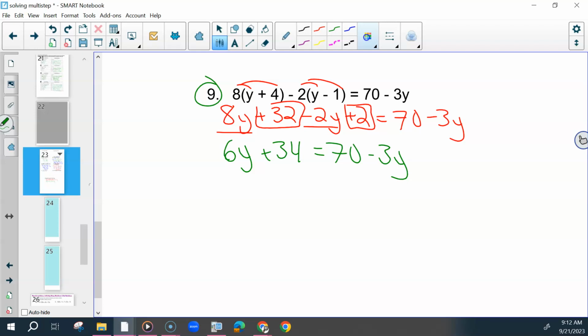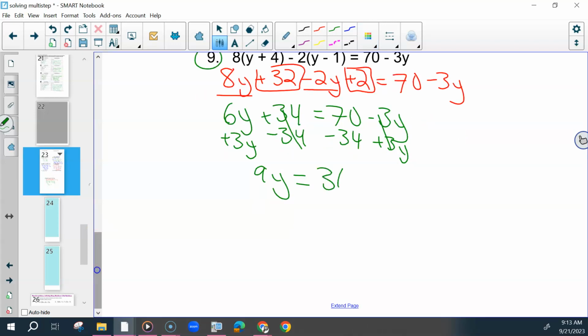Then we have choices. What do we want to move first? 34, okay. Subtract 34 on both sides. Add 3y on both sides. So we have 9y equals 36. Double check that math. And then divide so that y equals 4.